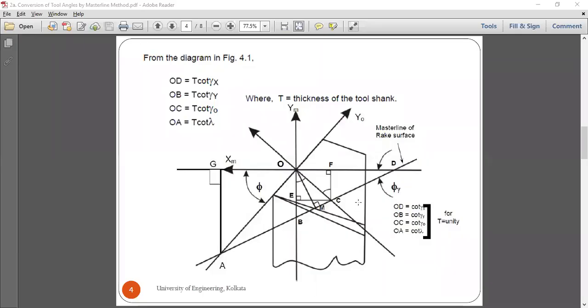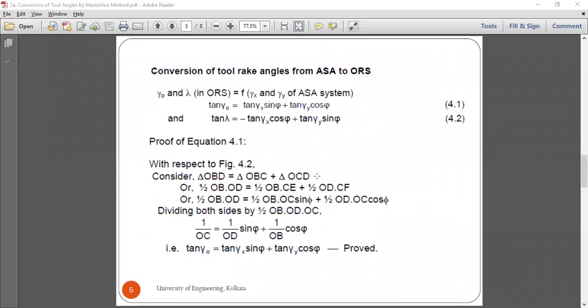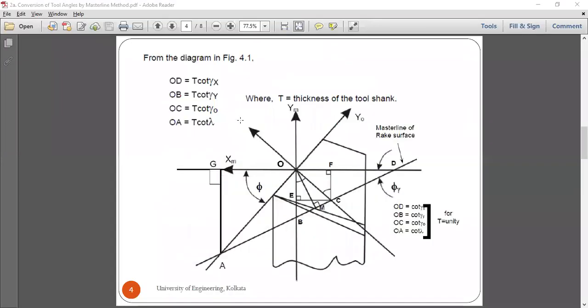It is related to the parameters given in the question. Gamma x, gamma y and gamma naught are given. So corresponding to these three angles, you take the three lines OB, OD, and definitely you have to consider this master line.